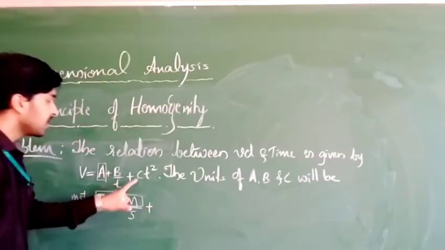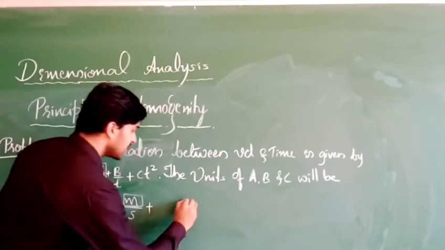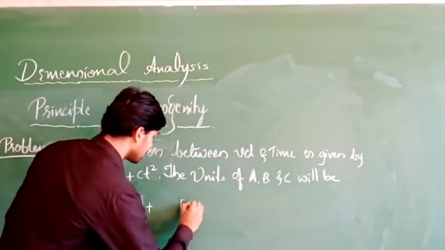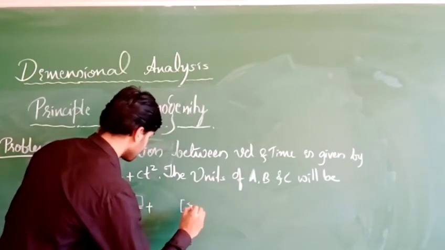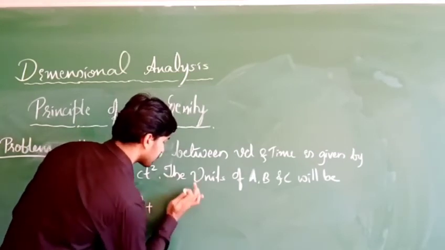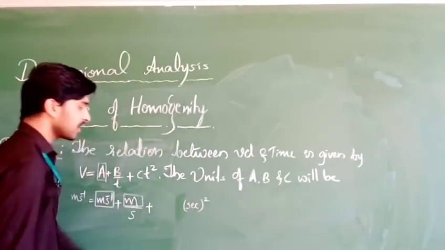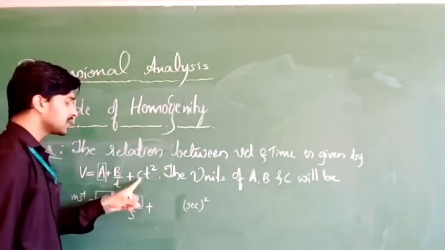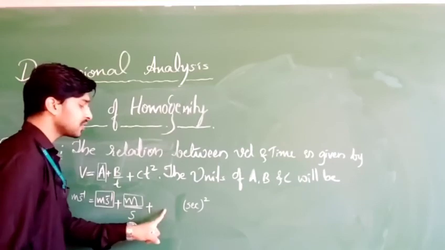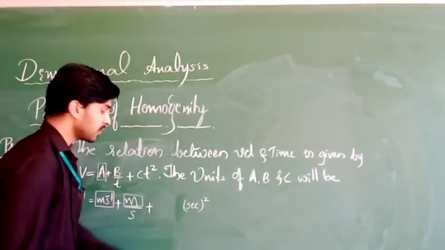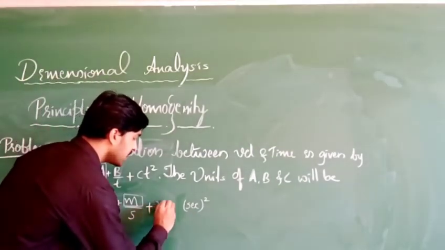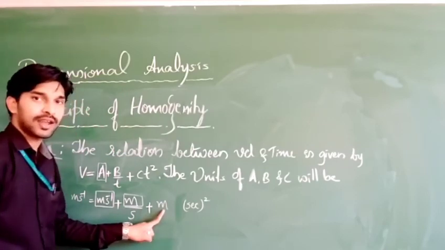Now c t square: first I write t square, which is second square. I should adjust this c in such a manner that I get meter per second. Meter we are not having, so first we add meter.